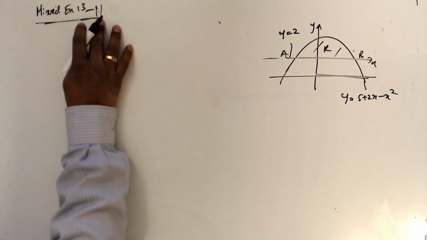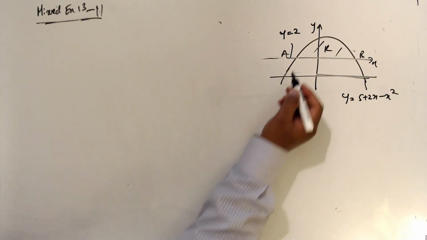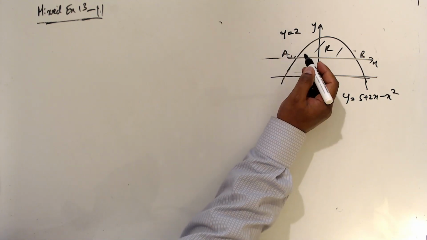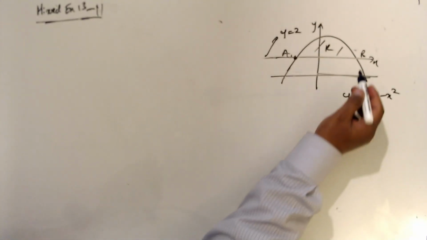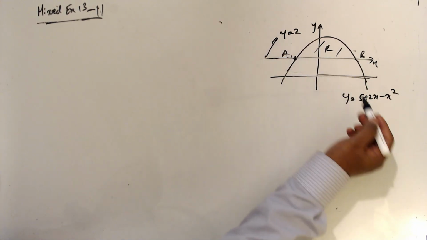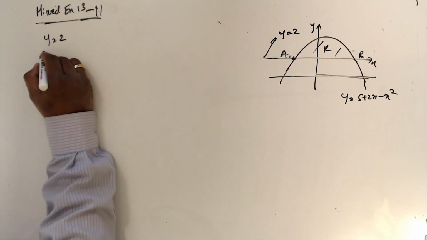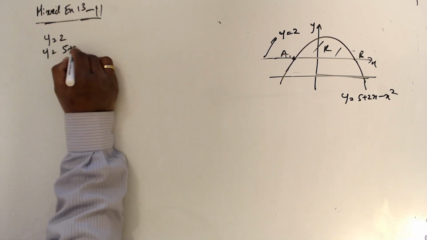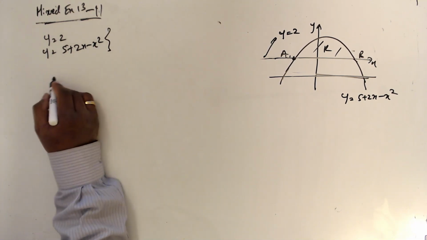Question number 11. This is a normal sum. We want to find the area, so we need to find the intersection points. We have y equals 2 and y equals 5 plus 2x minus x squared. Now we have to solve those two.